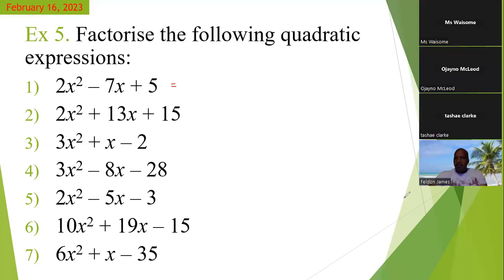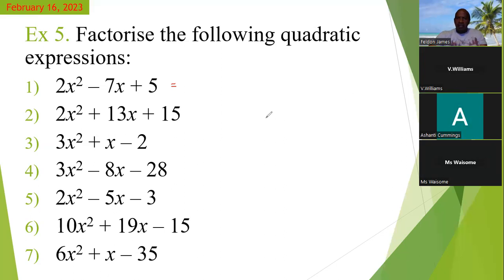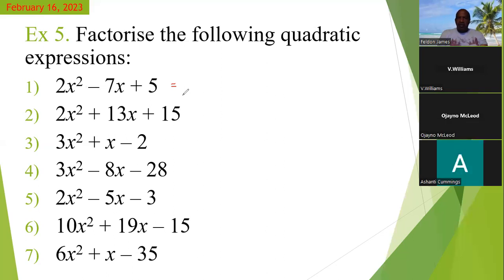All right, so Mr. Ojeno? Yes, sir. Would you like to walk us through question one? Okay. Question one is 2x squared minus 7x plus 5.